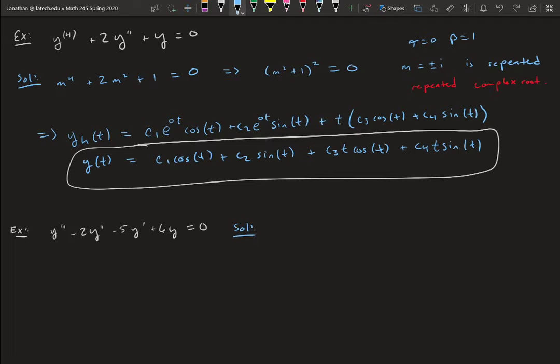Again, we always just jump straight to the characteristic equation, m cubed minus 2m squared minus 5m plus 6 equals 0. Oh man, we have a cubic equation. How do we find the zeros of a cubic equation?